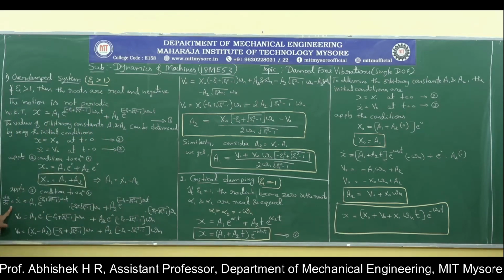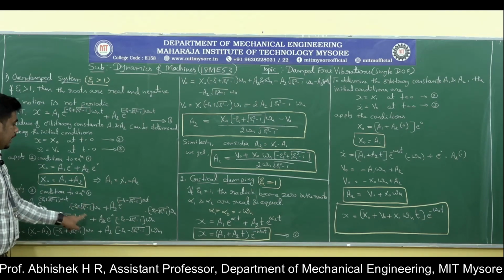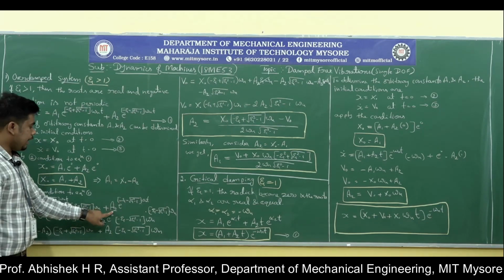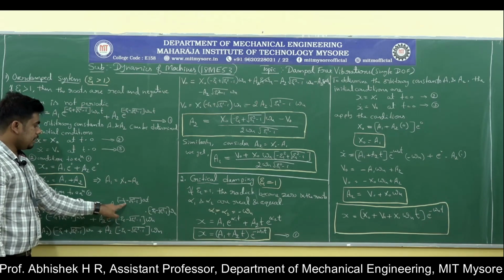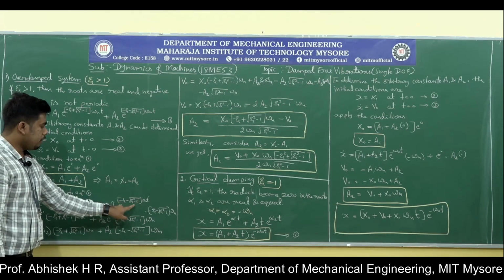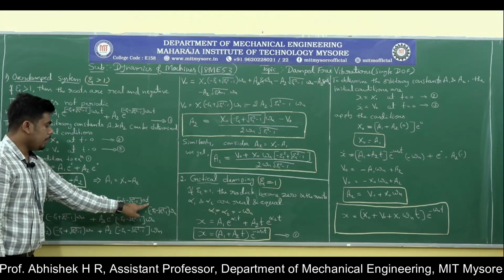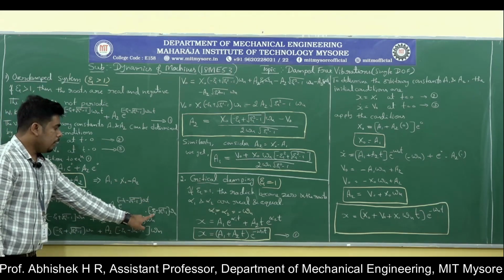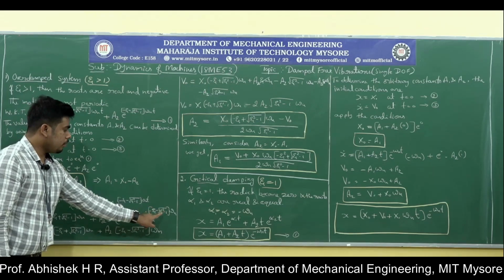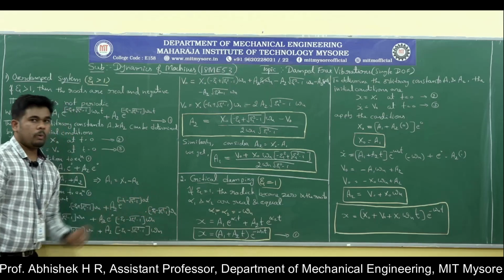After the differentiation, you will get x dot is equal to a1 into e to the power of minus zeta plus square root of zeta square minus 1 into omega n t, into minus zeta plus square root of zeta square minus 1 into omega n, plus a2 into e to the power of minus zeta minus square root of zeta square minus 1 into omega n t, into minus zeta minus square root of zeta square minus 1 into omega n.